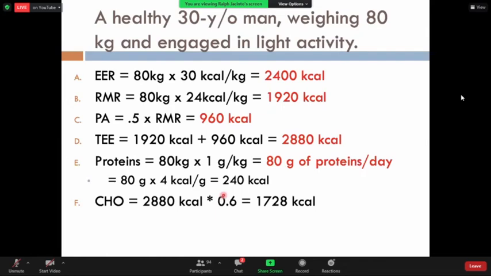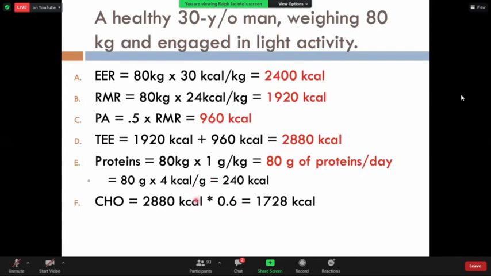So to get the carbohydrates, in order to determine the amount of carbohydrates, you just get 60% of the total energy expenditure. Meaning, for the total energy expenditure, we need 2,880 calories coming from the diet, and 60% of this should be provided by carbohydrates.